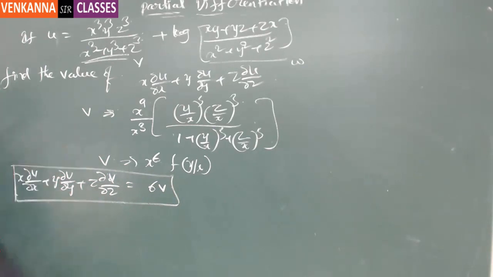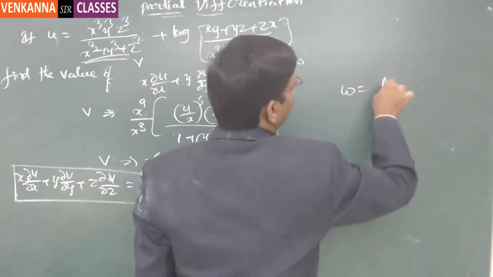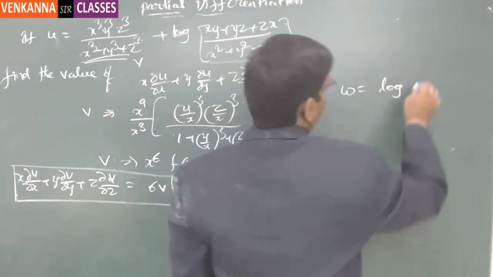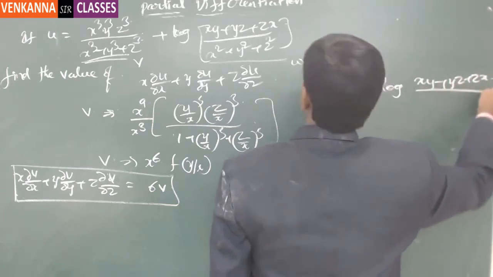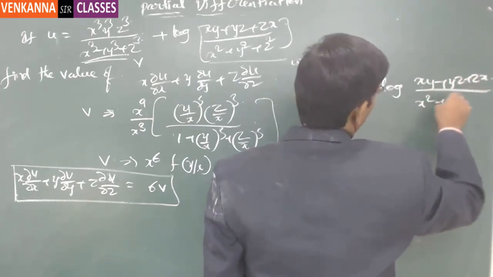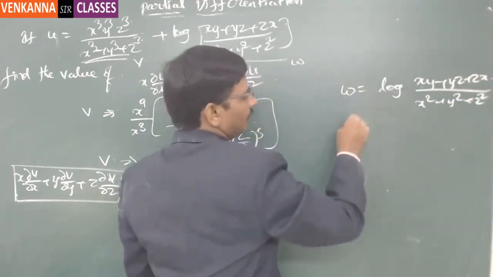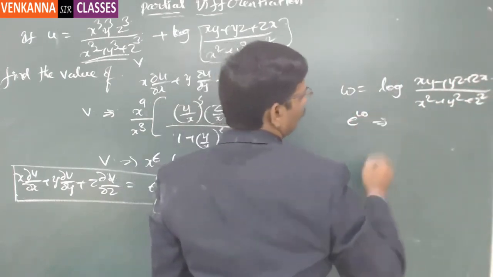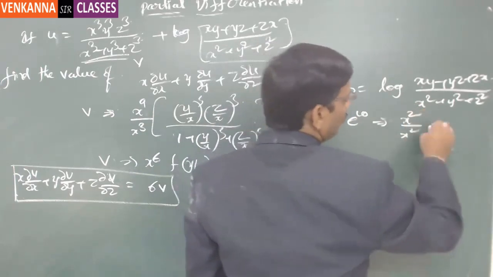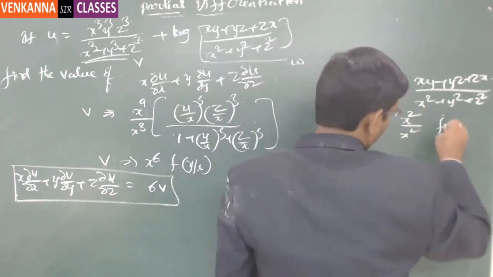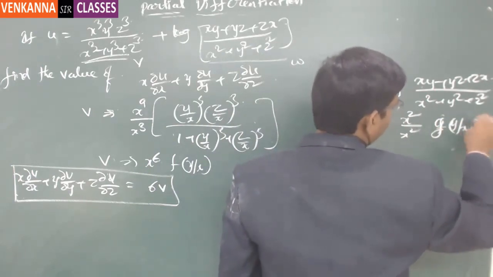And the second part, I call this W. W is equal to log of (xy plus yz plus zx) divided by (x square plus y square plus z square). Now you can take e power w is equal to x power 2 divided by x power 2 into g of y by x, z by x.